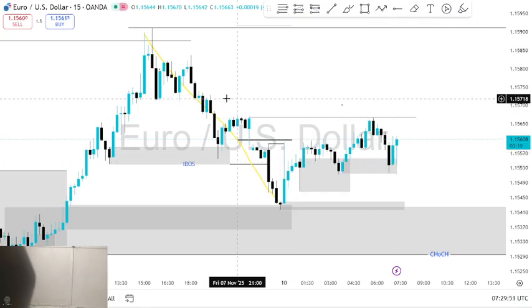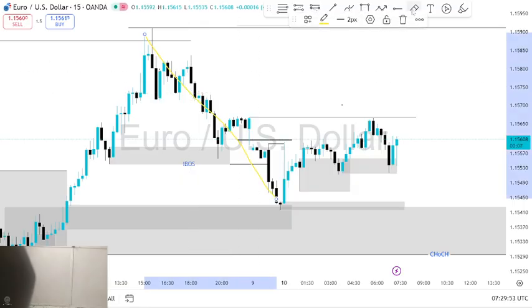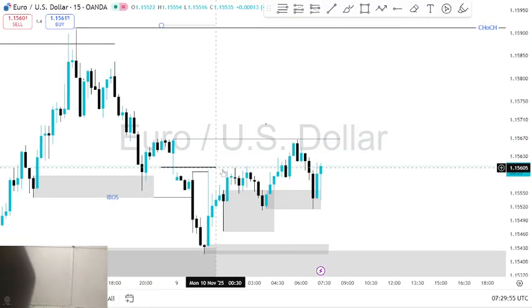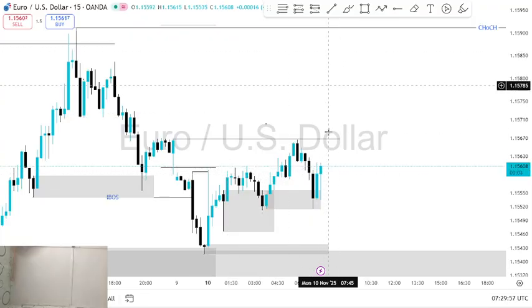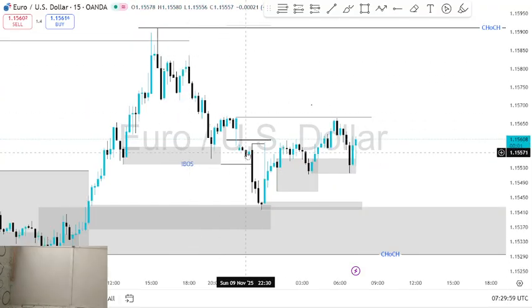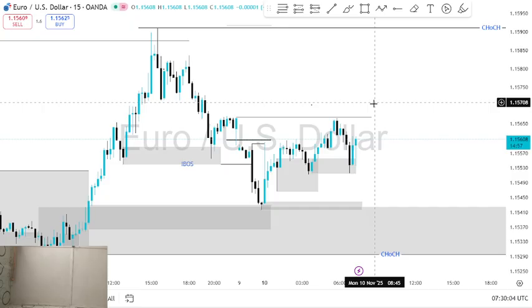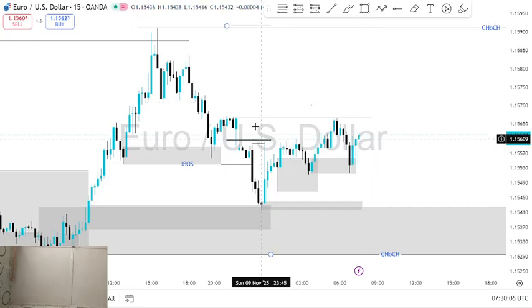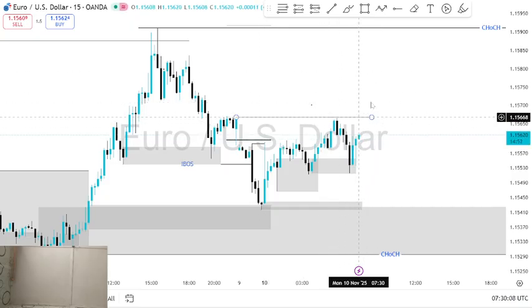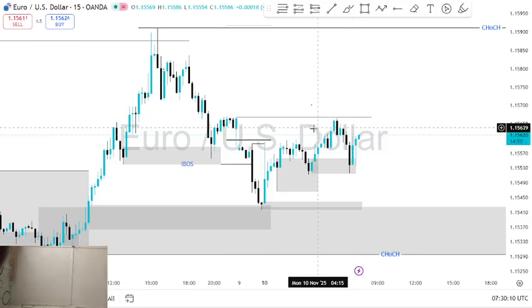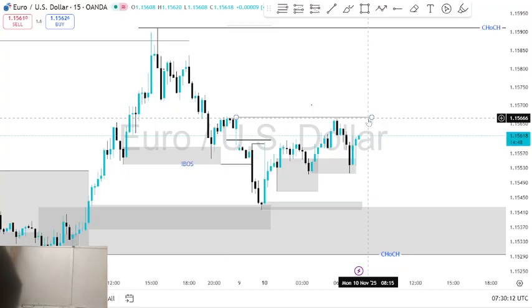So here can be the target, right? We've already changed character. So we can assume that this internal pullback is ending, and the swing, this one, is continuing. But we don't get that until this low breaks. We don't get that until this high.